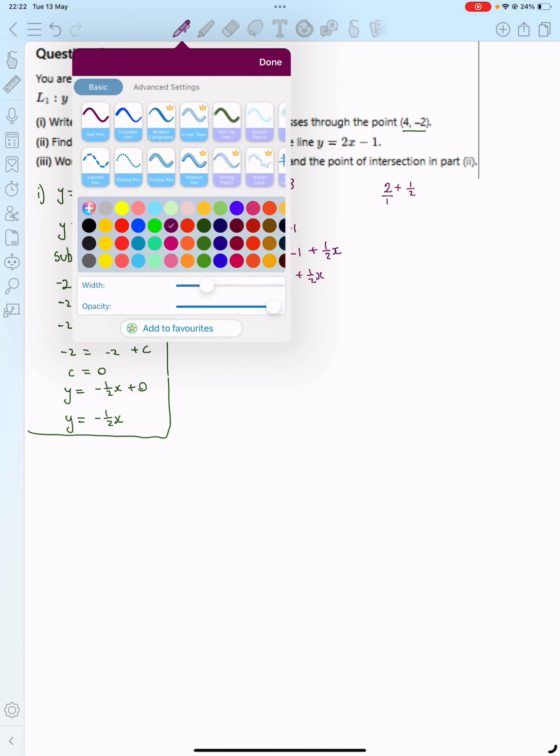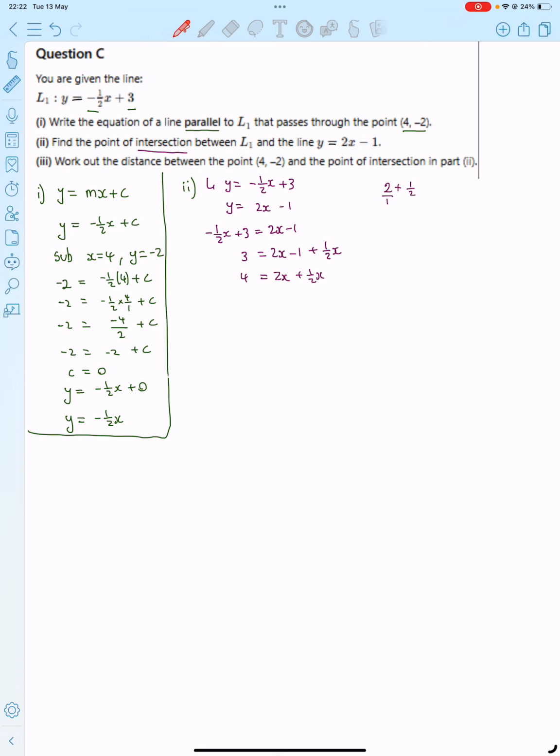Then just doing a little bit of calculation, making the denominators the same, times this by 2, times this by 2, giving us 4 over 2 plus a half, giving us 5 over 2. So we have 4 equals 5 over 2 lots of x. Okay? Now.